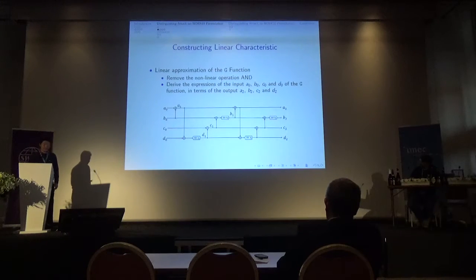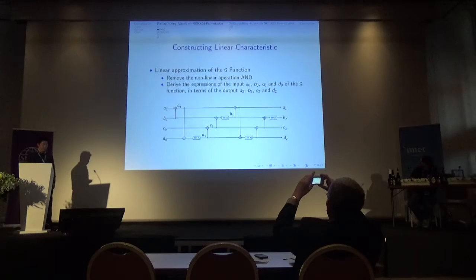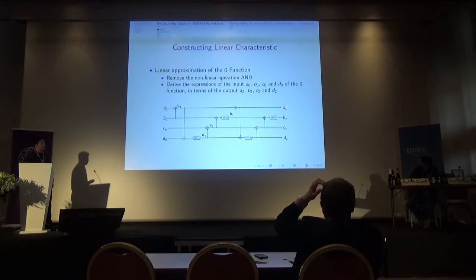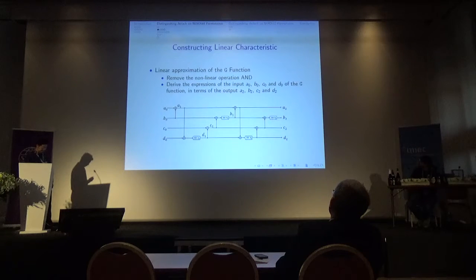We will start by constructing the linear characteristic. First, we try to give a linear approximation of the G function. This is done by removing the nonlinear operation. So it looks something like this. And we try to express each bit of the inputs in terms of the bits in the outputs linearly.